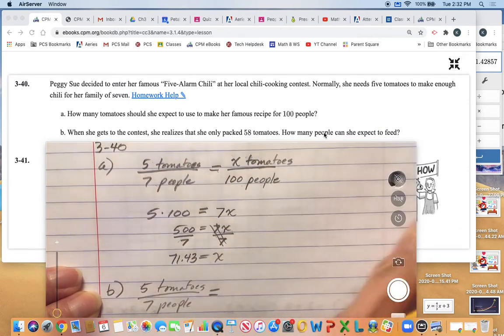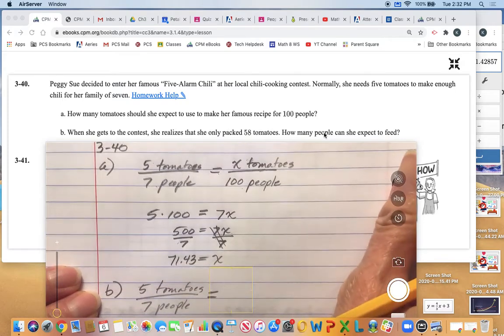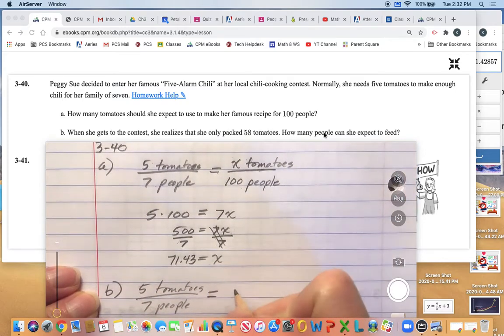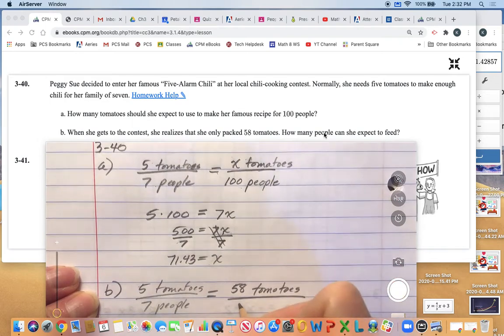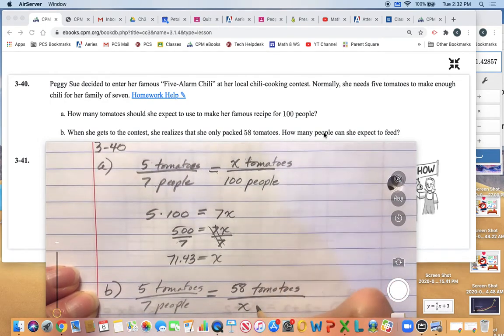Only this time we have the number of tomatoes, which is 58 tomatoes. But we don't know the number of people. So X becomes the number of people.